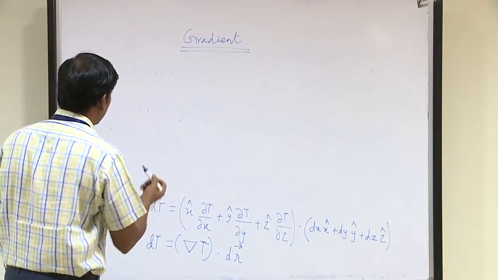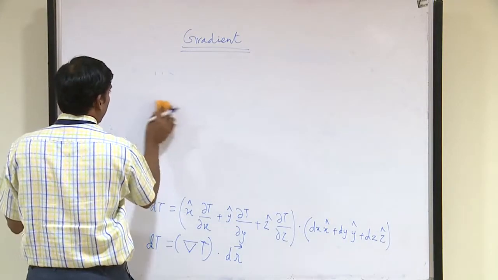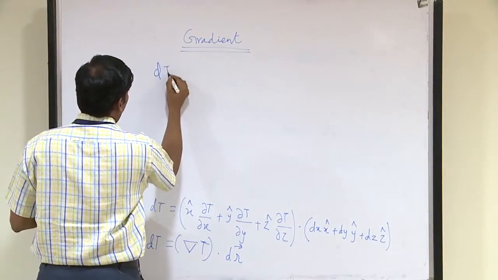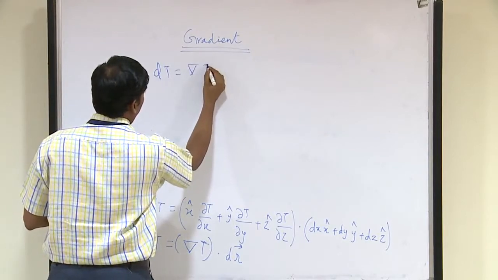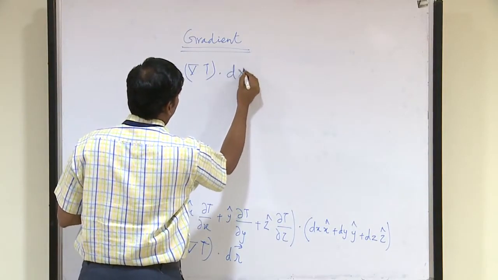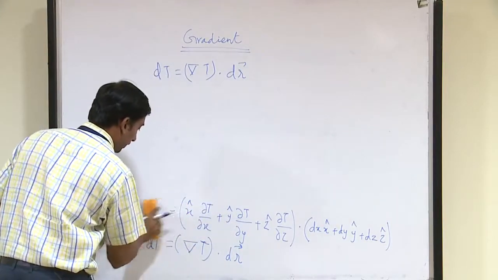So what is del here in the definition which I have written? So dT is del T dot dr vector.